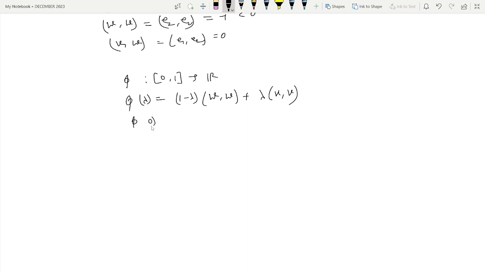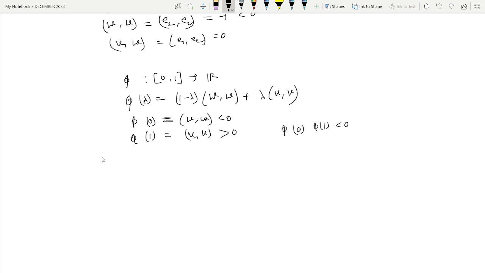Now clearly phi(0) equal to B(w,w), that is less than 0, and phi(1) equal to B(v,v), that is greater than 0. And clearly phi is a continuous map on 0 1, and phi(0) times phi(1) is less than 0.